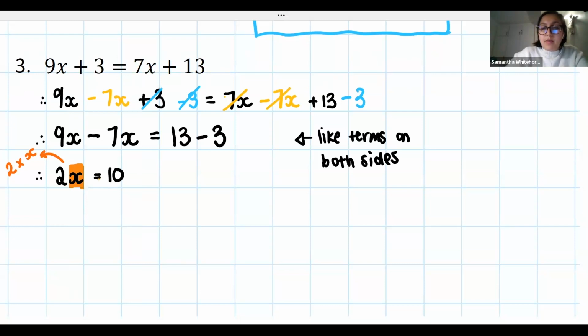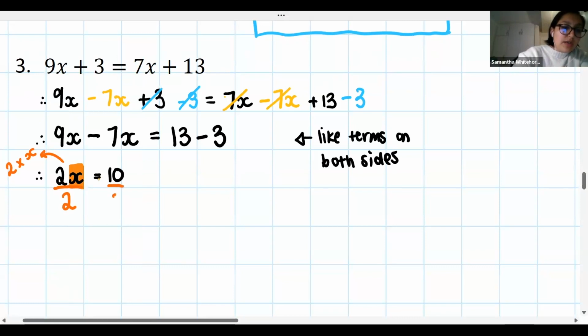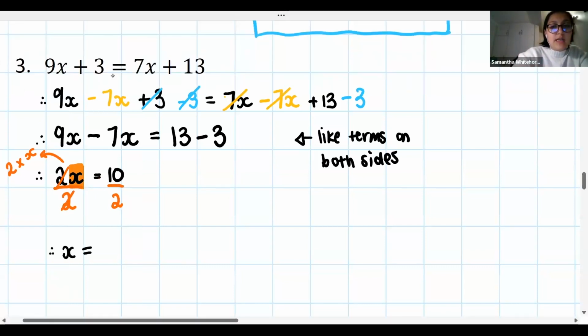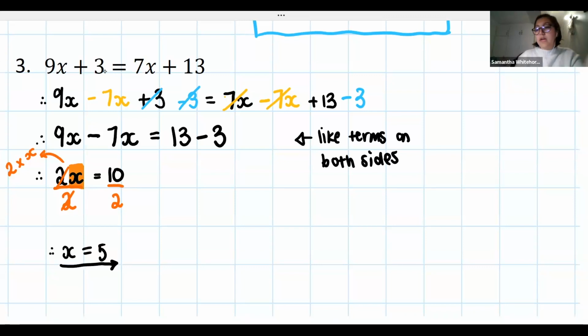The opposite of multiplication is division. So I need to divide by 2. But if I do that to one side of my equation, I also need to do it to the other side. We know that 2 divided by 2 gives us that 1x that we wanted. And then we've got 10 divided by 2, which gives us 5. And so we found our solution for x.